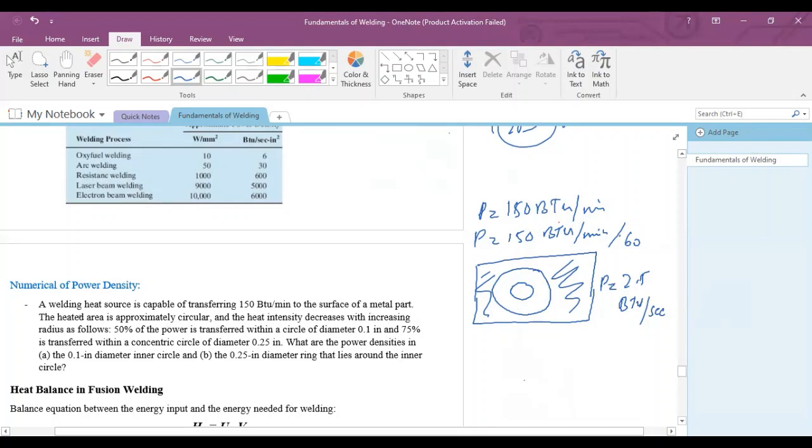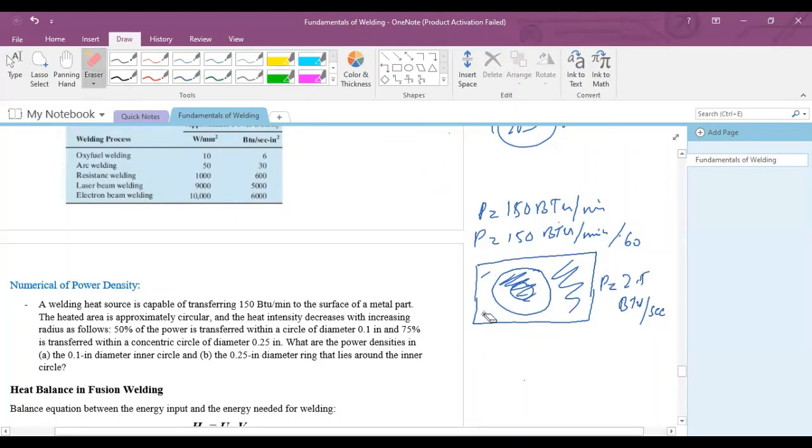The heated area is approximately circular. This is the heated area, which is circular, and the heat intensity decreases with increasing radius. There are two concentric circles.